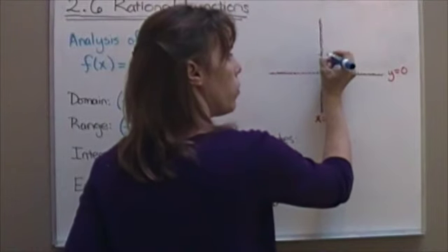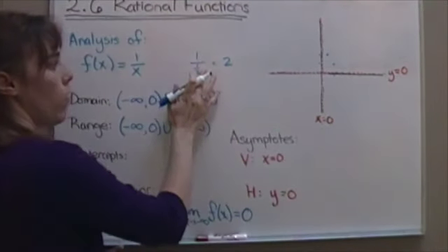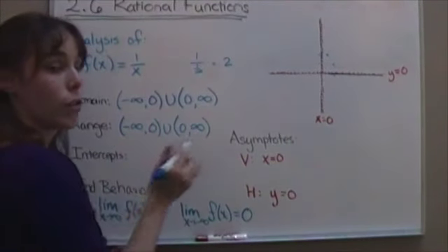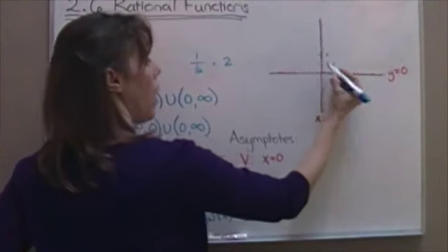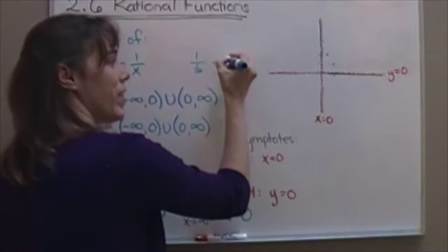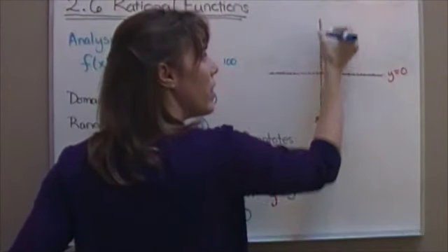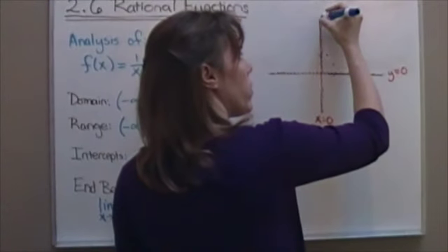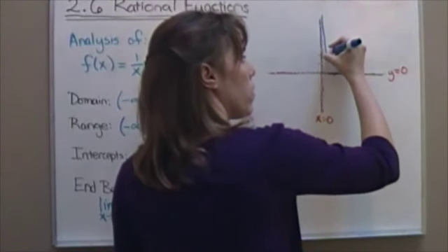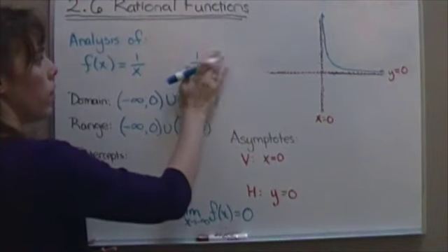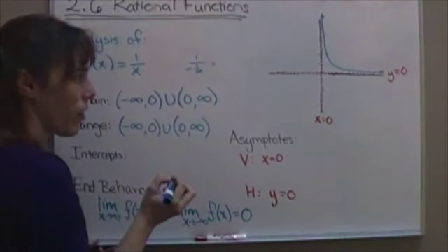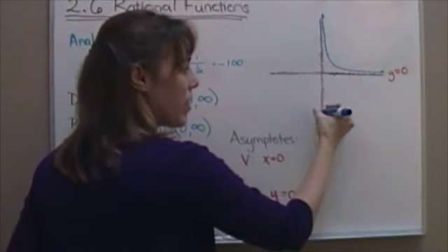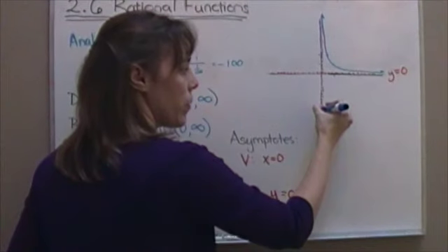If I plug in 1 over 100, which is a very small number, it's over here, I'm going to get 100. Oh my goodness. Whoa, there it goes, right? Okay, here's what my graph is doing. Now if I plug in negative 1 over 100, I'm going to get negative 100, so I know this is going down here, right?